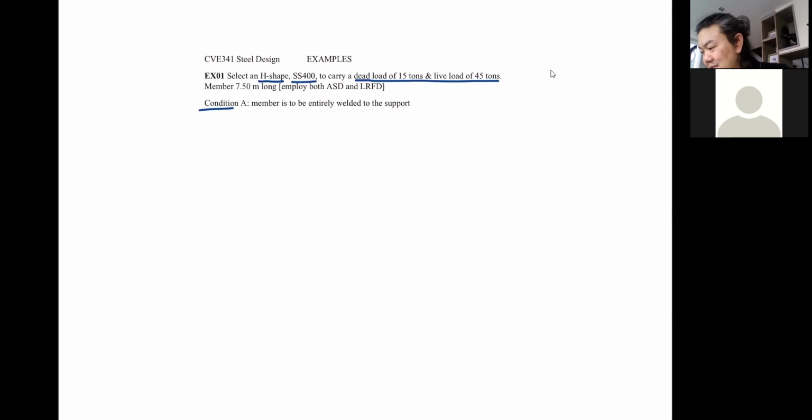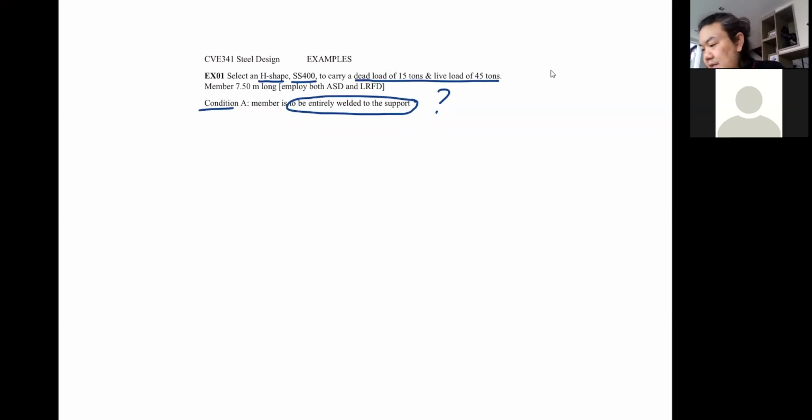What does this mean? It means that we're not going to have a shear lag problem because we are going to weld both the flanges and the web of the member to the support. In other words, we are going to connect every element of the member to the support.